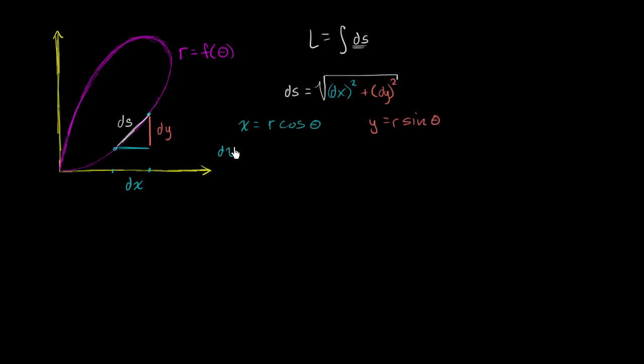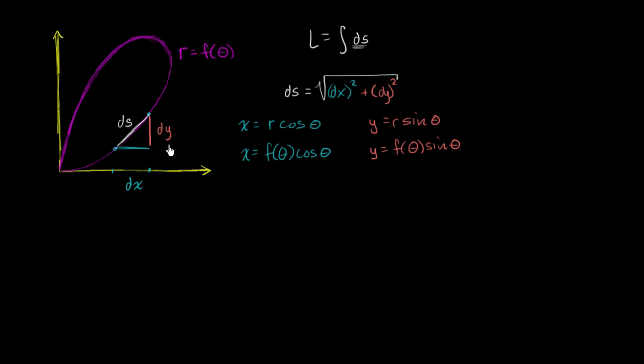We have to remember that r is going to be a function of theta. So actually, let me rewrite it. x we could also write as f of theta times cosine theta, and y is equal to f of theta times sine of theta.